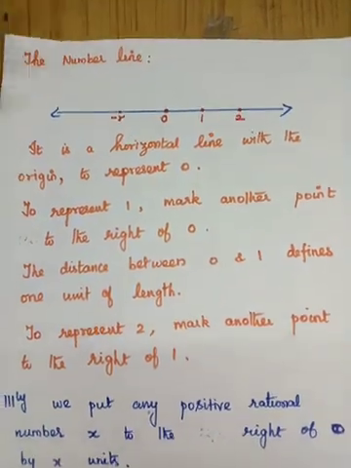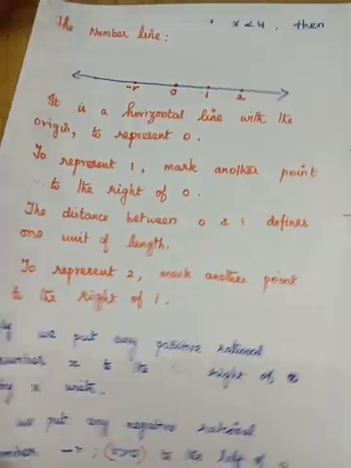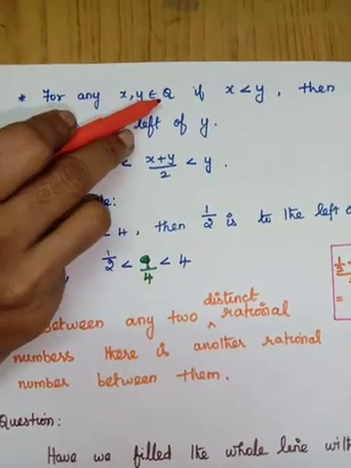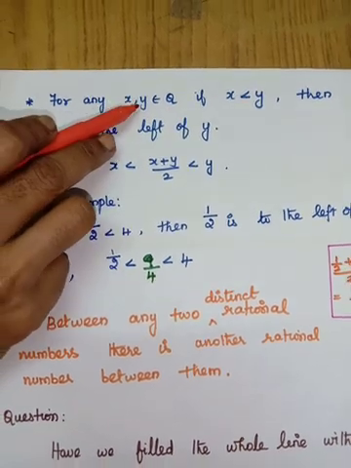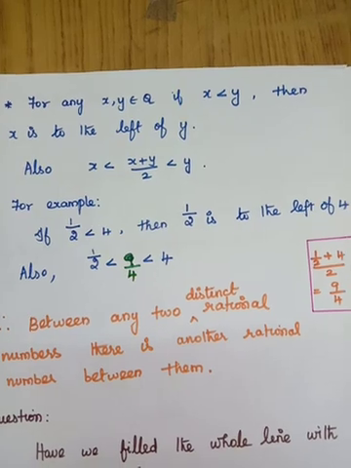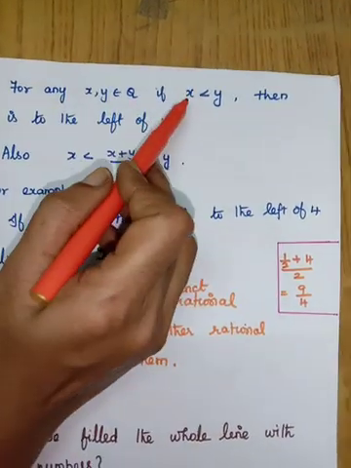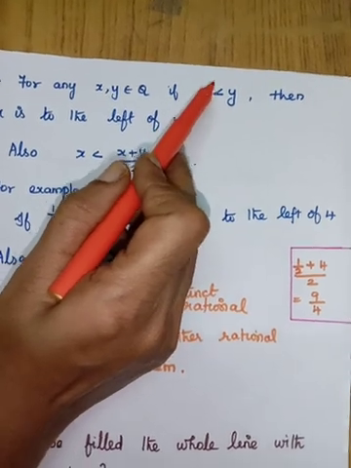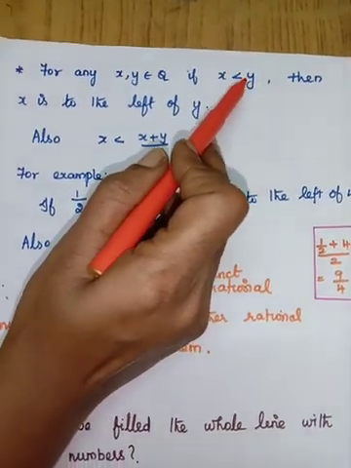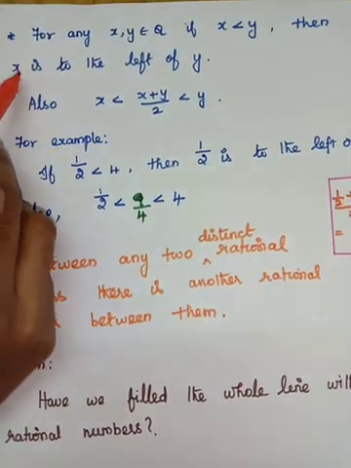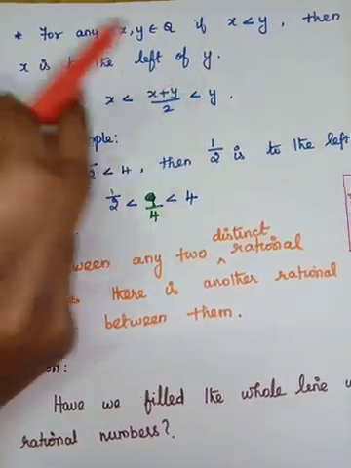If you consider two rational numbers, x and y, where x and y belong to Q, it means x and y are rational numbers, so each should be in the form of m by n. And you have one condition: if x is less than y, where do we have to mark x and y? x is to the left of y.